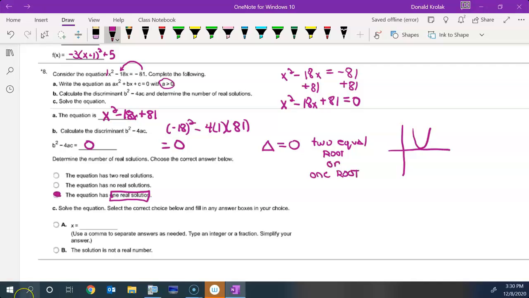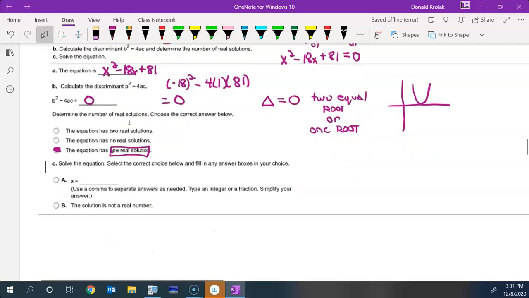Okay, solve the equation, select the correct choice, fill in the boxes in your choice. All right, so this one is saying I'm going to solve this, which just means factor it or use the quadratic formula, and you're going to get your x values.